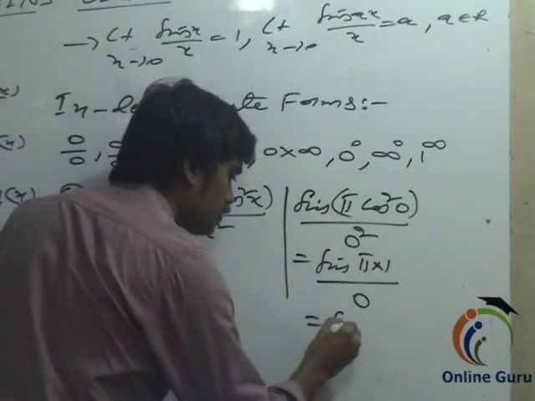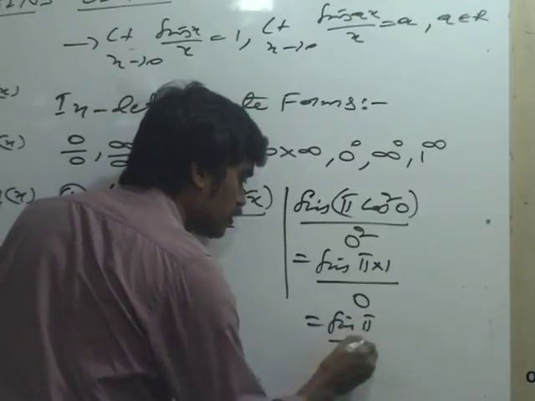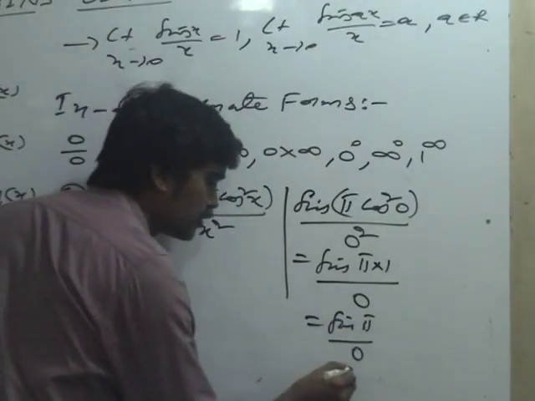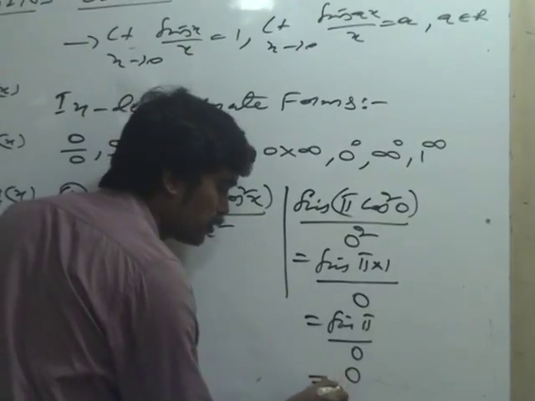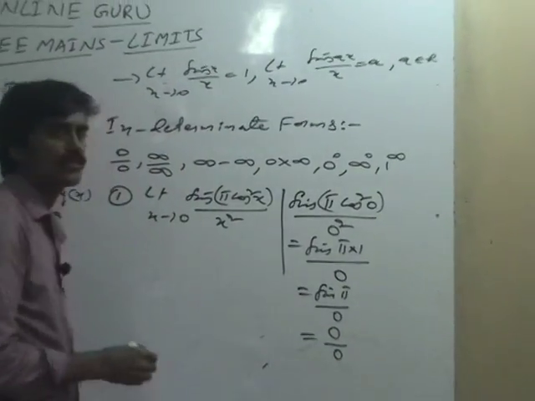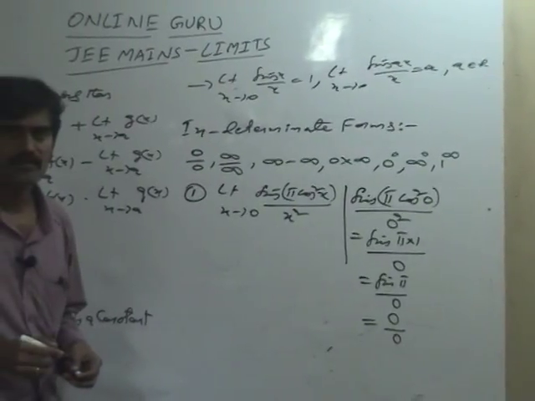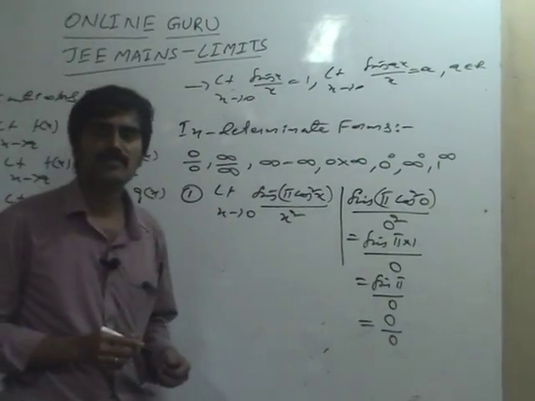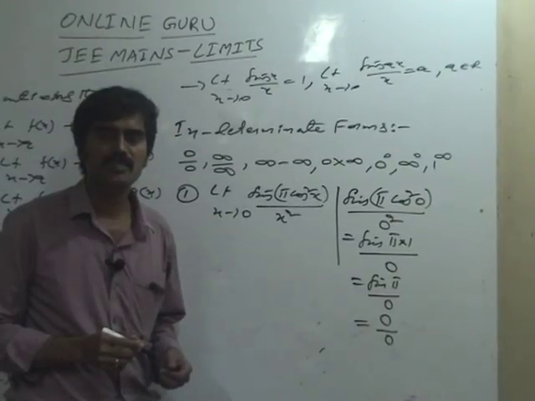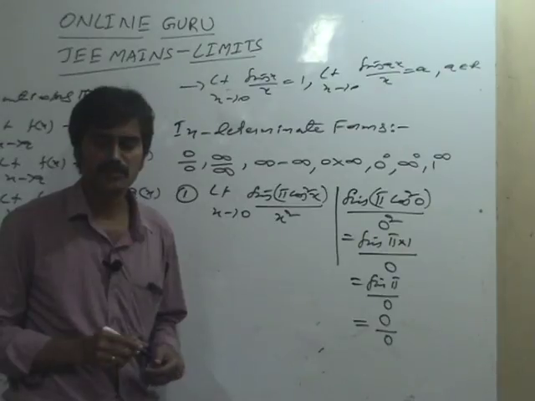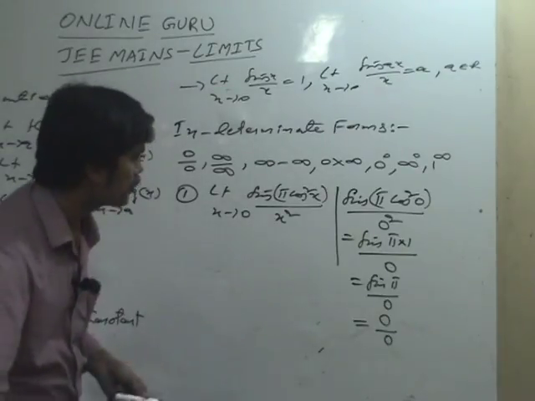This equals sin pi divided by 0. Sin pi means sin 180, and sin 180 is 0. So 0 by 0, you are getting the indeterminate form. If you are getting the indeterminate form in a problem, you have to simplify by using the mathematical properties. Now we will simplify this.